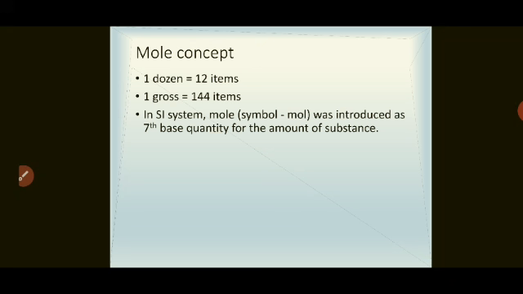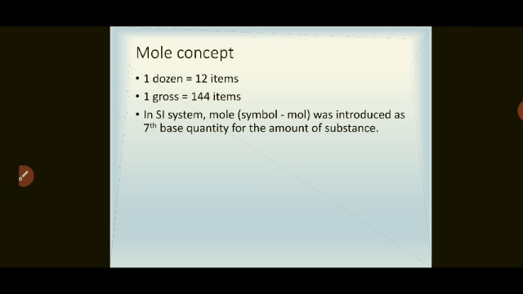Now this is a very important concept, that is the mole concept. All of you know, if we buy 1 dozen of apples, how much quantity will we get? It's 12, right? If we buy 1 dozen of paper, how much quantity will we get? 12, right?